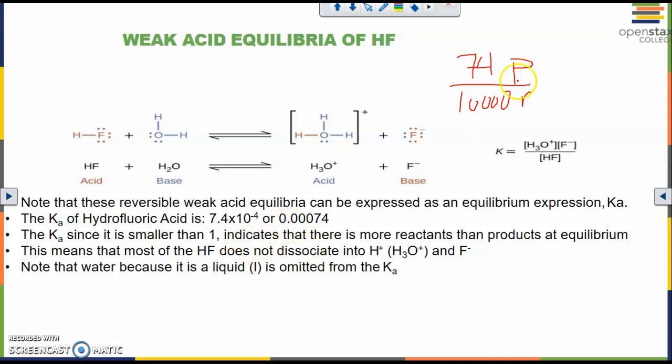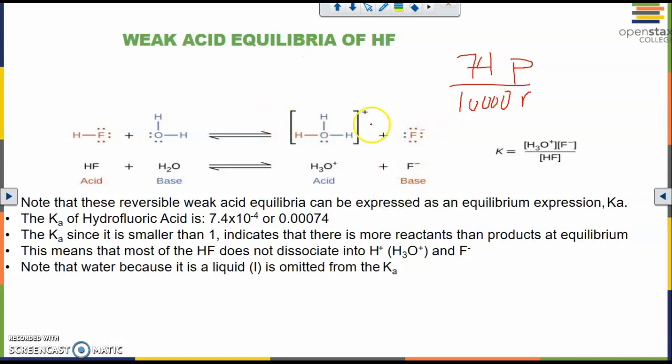So obviously there's more reactants than products in this case. And the reason is because this is a very weak acid. So only a portion of the hydrofluoric acid is going to dissociate into the hydronium ion and its base in this case, or its negative ion.